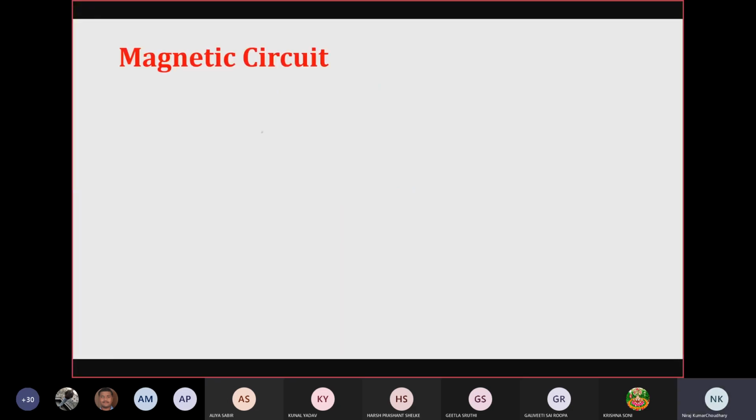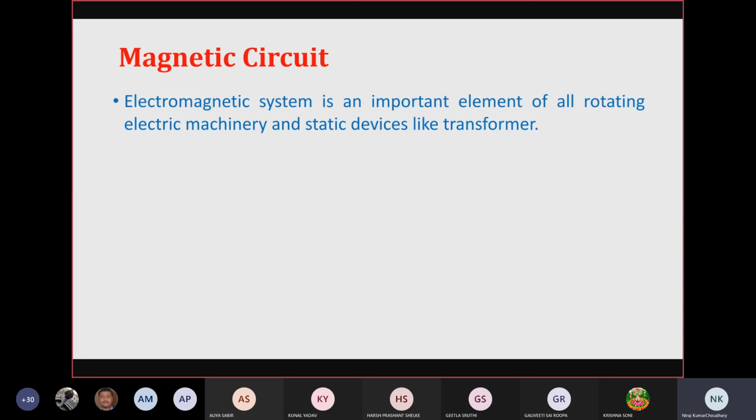In this magnetic circuit, you can say that the electromagnetic system is an important element of all rotating electrical machinery and static devices like transformers, right? तो जितने भी तुम्हारे rotating machines है, for example DC machines or induction motors, all are rotating machines.